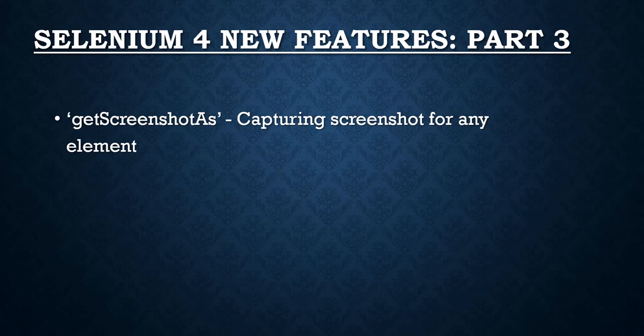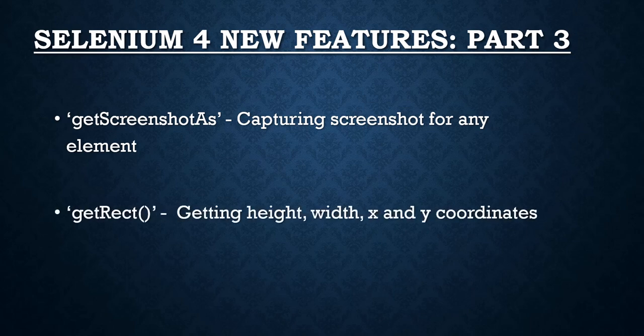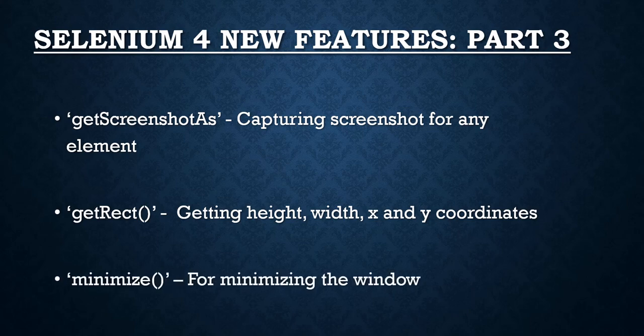And we have another method, getRect, which captures the dimensions of a particular element: the height, width, x coordinate and y coordinate. Last but not least, I'll cover minimize. There's a method to minimize our window, the current browser.